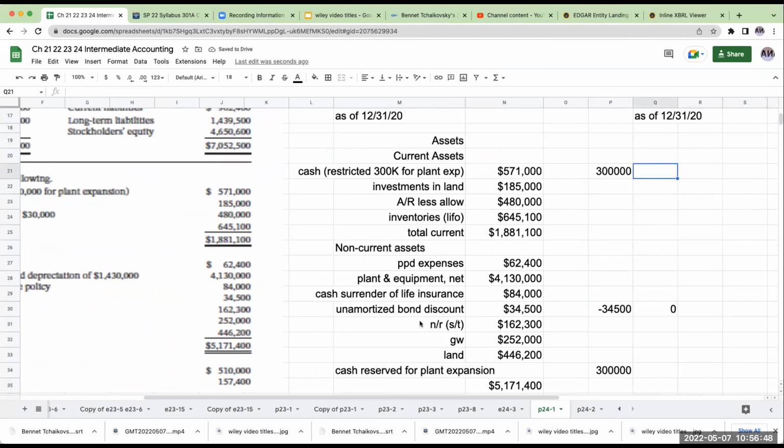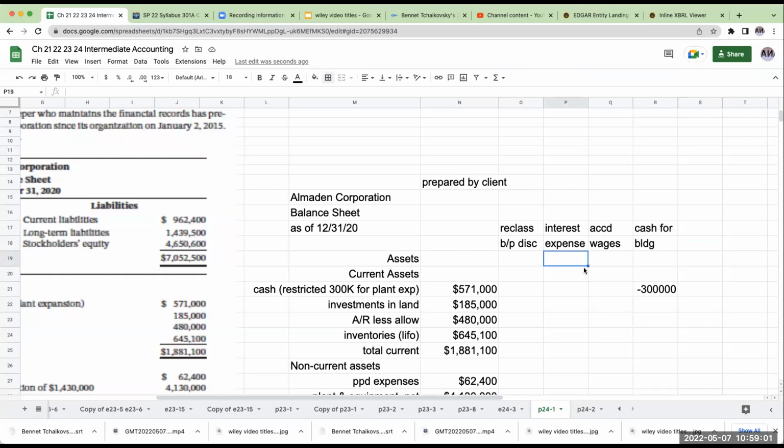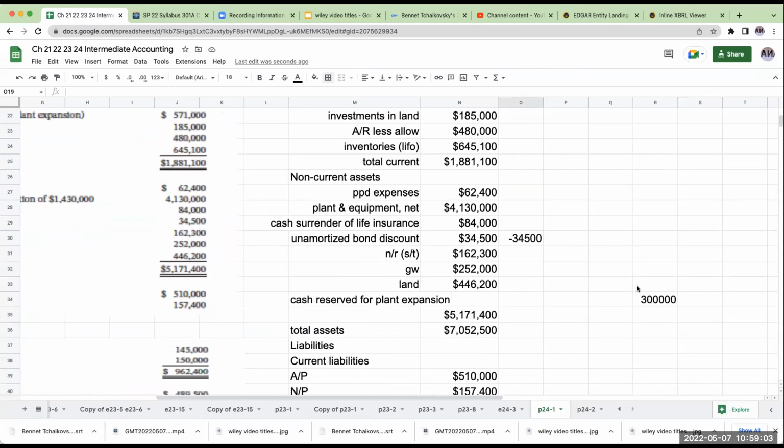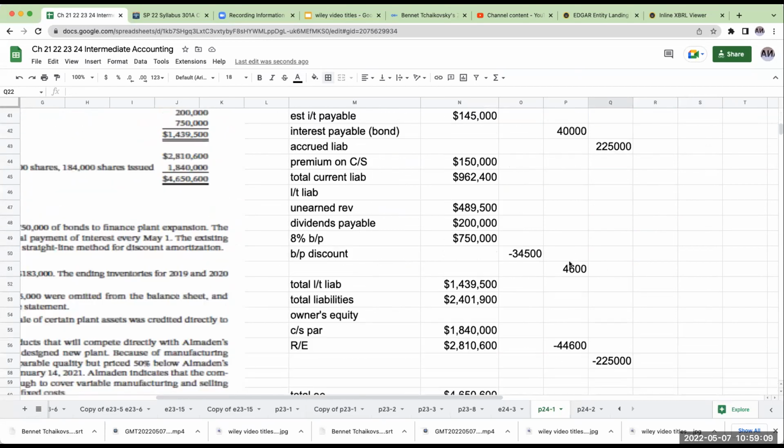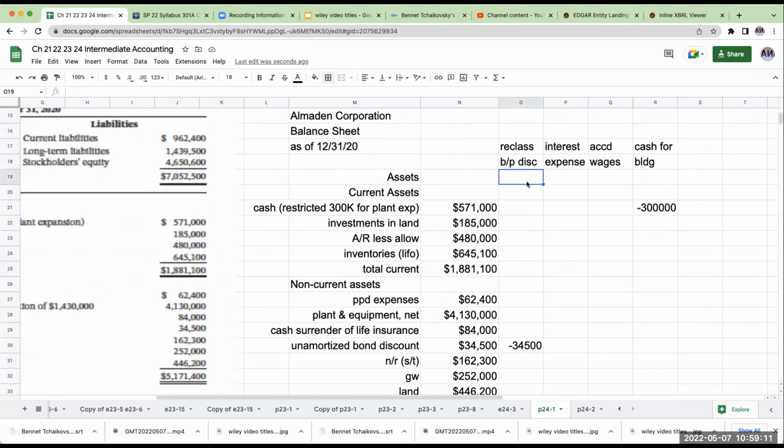Okay, let me just pause a second. What I'm doing here is breaking this out. So I've got cash for building. I'm doing my accrued wages, and then over here I'm doing the interest, and then I'm reclassifying the bond payable discount. So that should correct that particular item. Okay, investments in land.